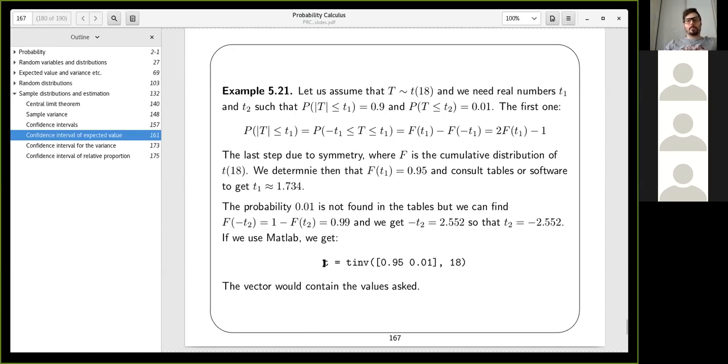And here is an example. We can use MATLAB. We get 2 different values. We can get the first one, this one. We need 0.95 here because we need to solve this. So it's F_T minus 1, but it's doubled, for the same reason.